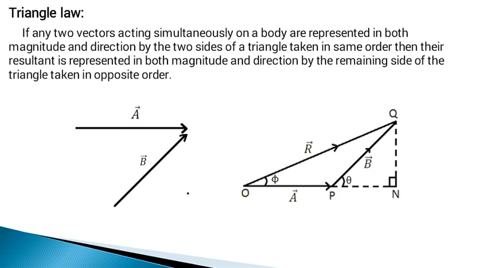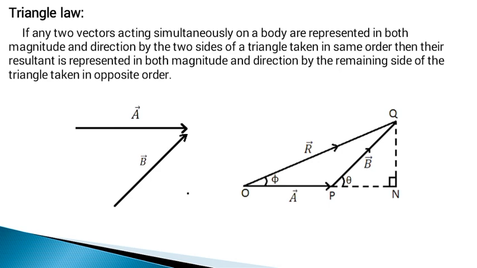In this way two sides OP and PQ completely represent the two vectors A and B both in terms of magnitude and direction.